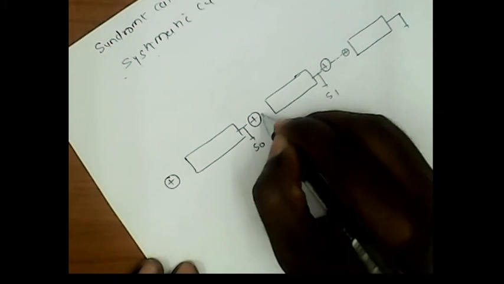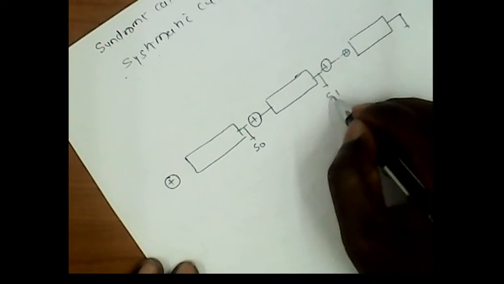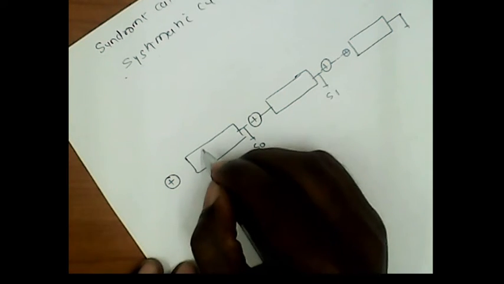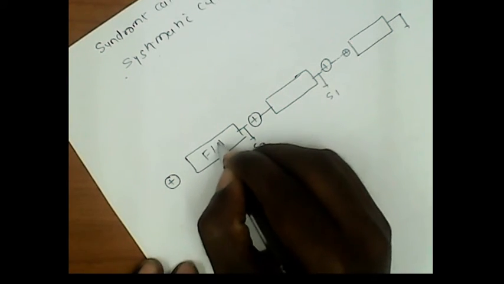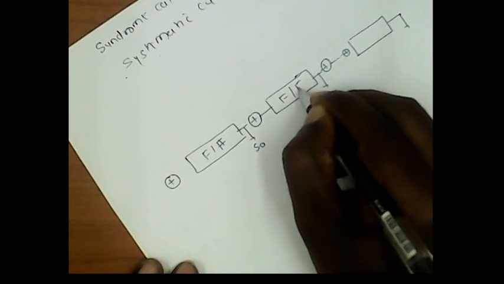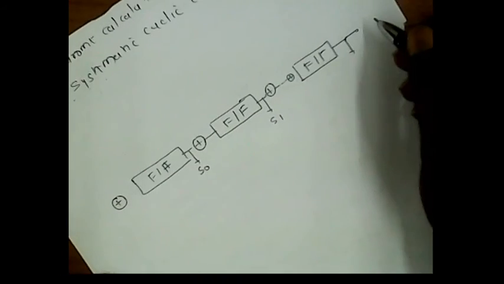S0, S1 are the outputs of the shift register or flip-flops. Here is a switch.